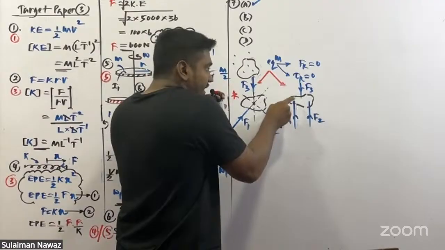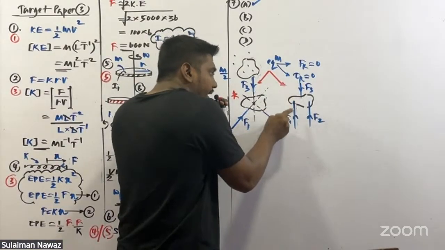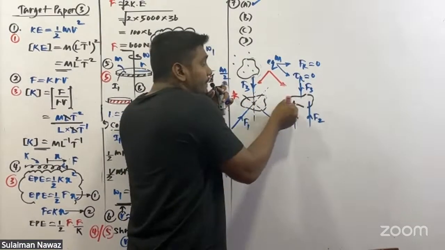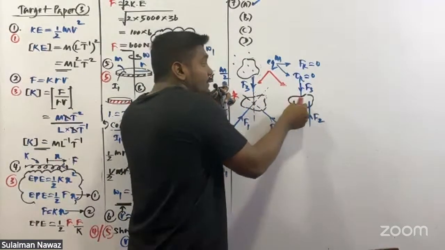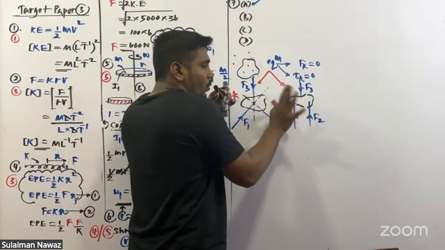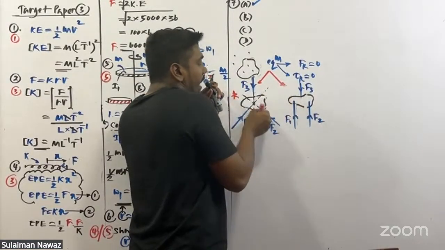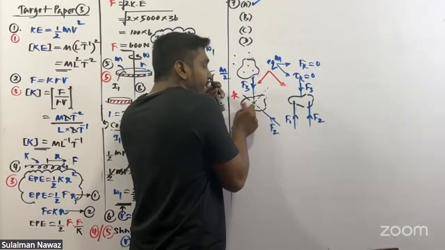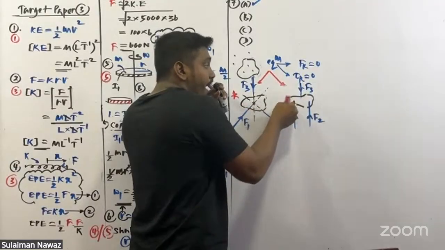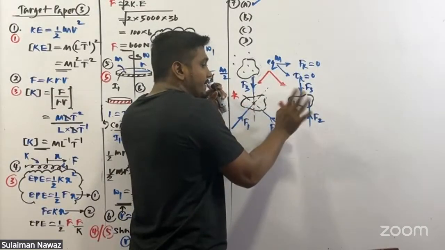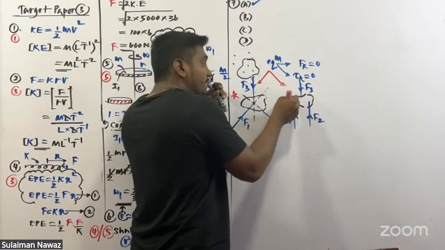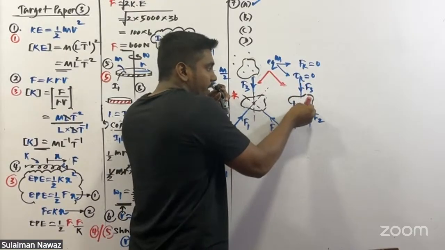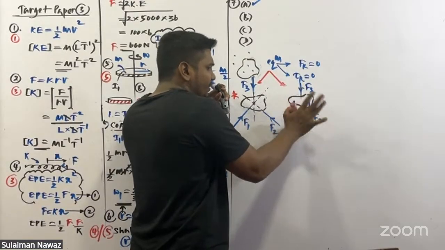Suppose an object is under equilibrium due to three parallel coplanar forces, is it compulsory for their lines of action to meet at the same point? No. If the forces are inclined, definitely all three lines of action must meet at the same point. If the forces are parallel, the lines of action won't meet at the same point, right? If the forces are parallel, it is not necessary for the lines of action to meet at the same point.